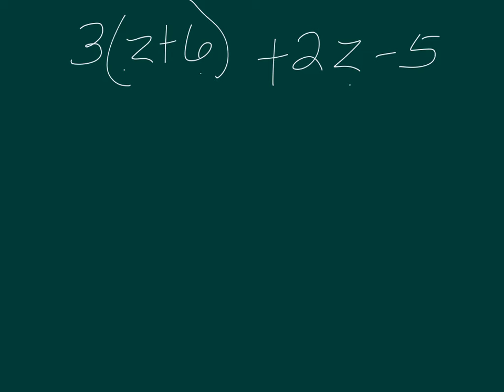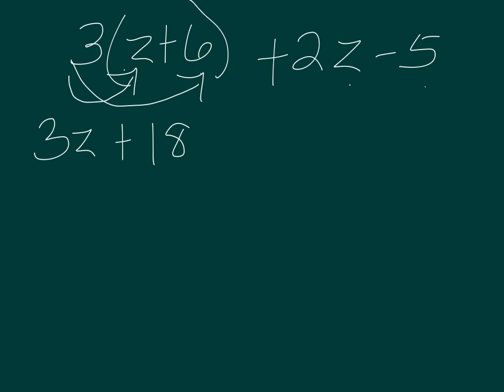We also have a 6 and a negative 5. So before we can combine, we have to distribute. And just like we just did, first 3 times z, we're going to get 3z. Then 3 times 6, we get 18. And the rest of our expression we copy.